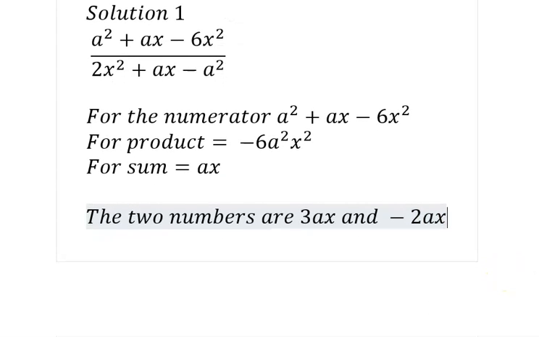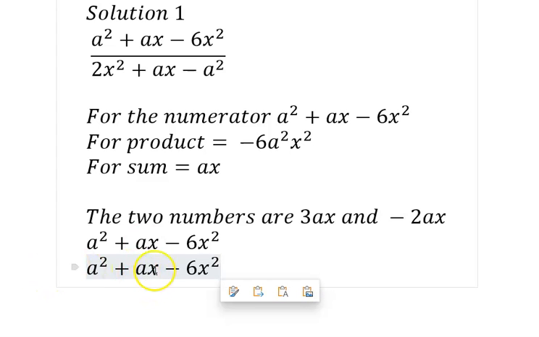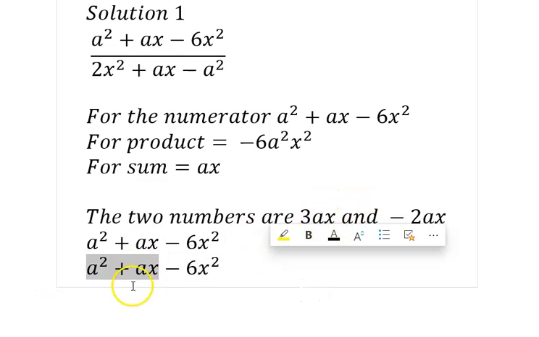So what we now do is to put these two numbers in between here. Instead of having ax at the middle, you put these two numbers, 3ax minus 2ax. That's the reason we are factorizing.